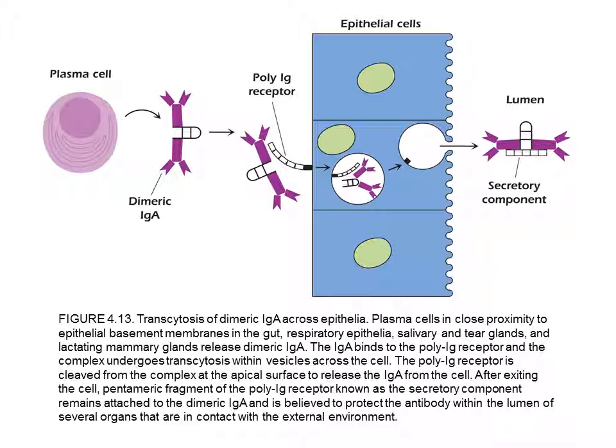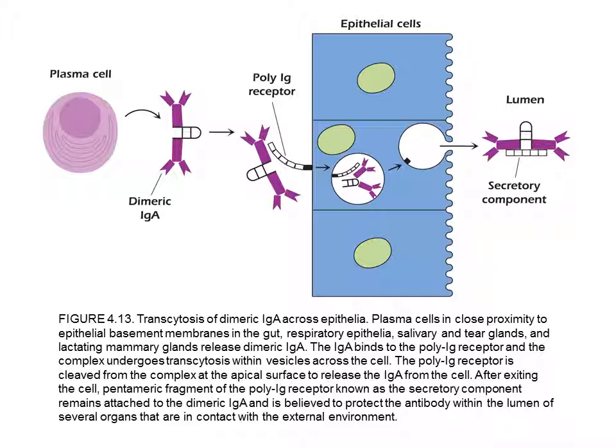So what causes this transfer? So you can see from here, once they are made by the B cell, a B cell, when it wants to give birth to antibodies, it increases in size. It's called plasma cell. It is a B cell, but when we look under the microscope, it looks larger. So plasma cell gives birth to dimeric IgA.